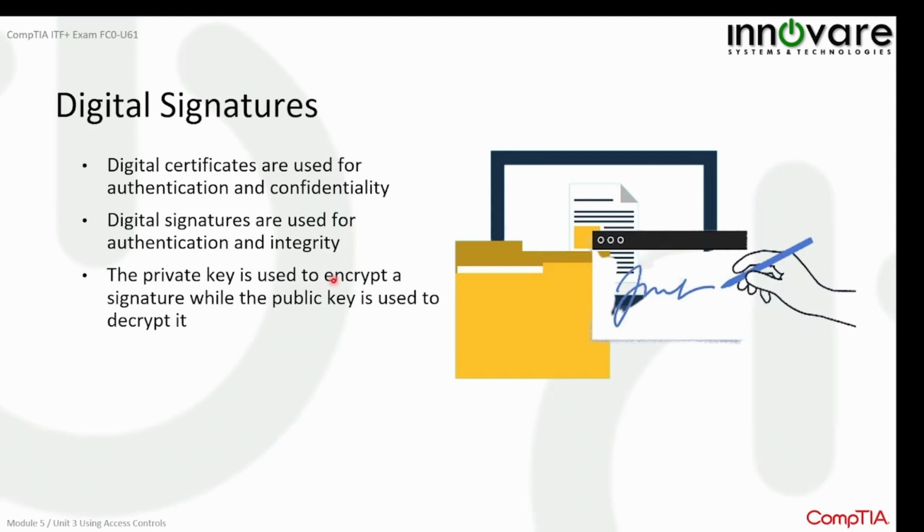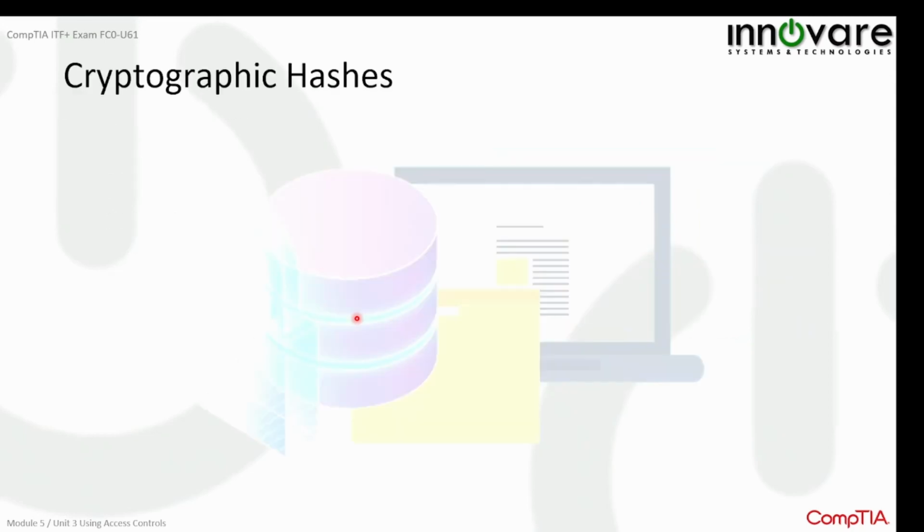So here, it's the private key. When we say private key, it's only the sender or an individual knows the key. And that's the key being used to encrypt a message or to encrypt a signature. And then yung public key naman is used to decrypt it. So, two keys pa rin, it's asymmetric.